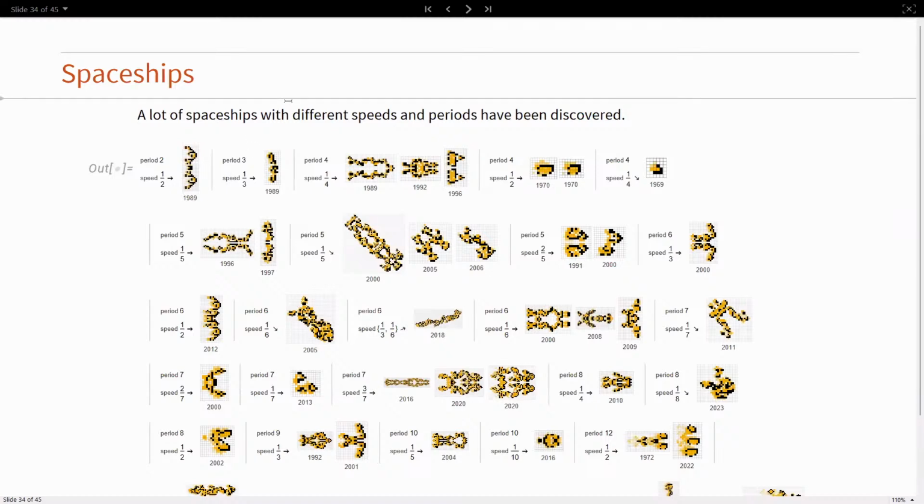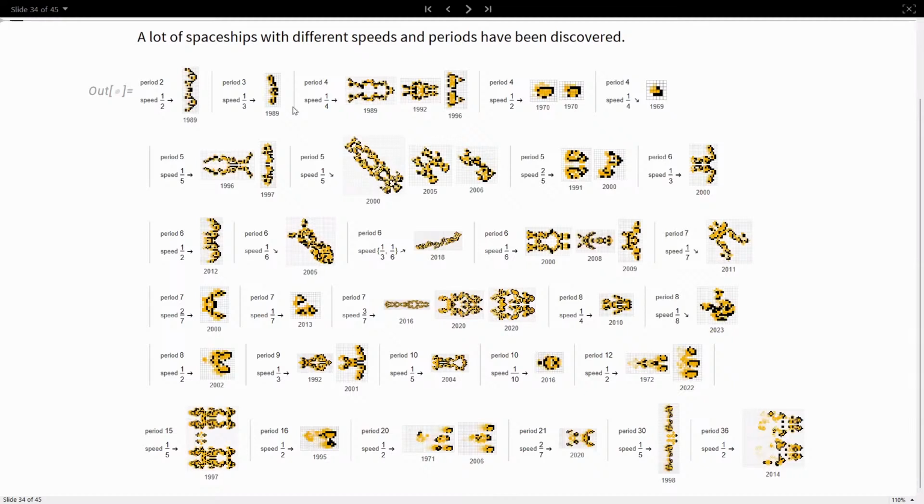He mentions the current state of the art for gliders. These are the different periods and speeds known for gliders, and we have the smallest known case for each here. Many of these were just found within the last decade.